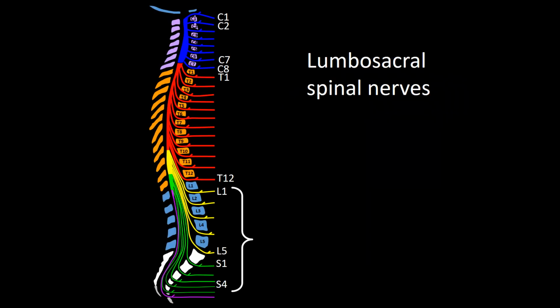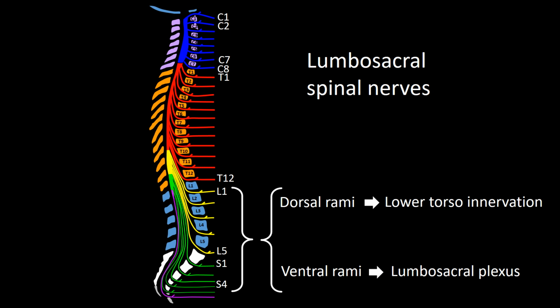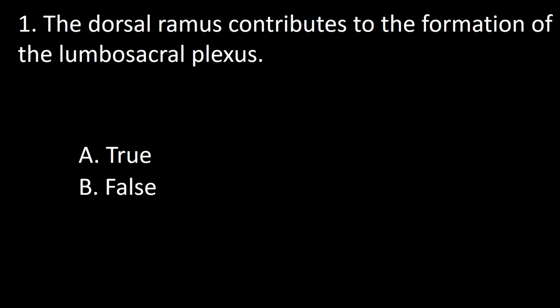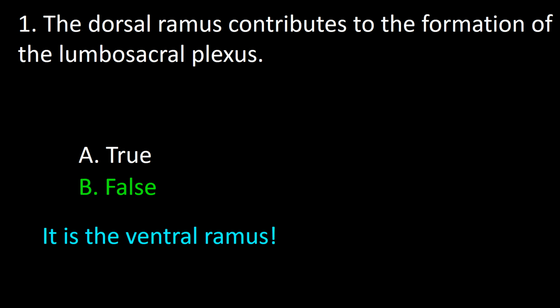It is the dorsal and ventral rami of the spinal nerve from L1 to S4 that innervate the lower torso and form the lumbosacral plexus. The dorsal rami innervate the lower torso, that is the muscles of the lower back, and the ventral rami form the lumbar plexus. So the answer to this question is B.